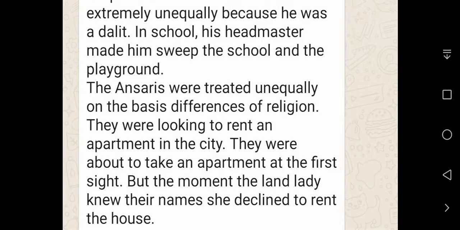When they were looking for an apartment to rent in the city, they were about to take an apartment at first sight, but the moment the landlady knew their names, she declined to rent the house. This is the kind of inequality in society faced by the Ansaris.